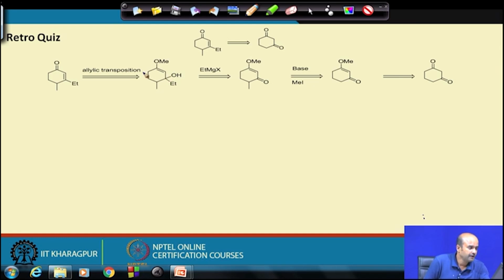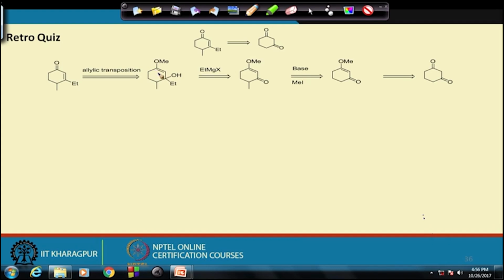Now, how it happens is that you have the O methoxy, you hydrolyze it, and this hydrolysis will basically give you the vinylic alcohol OH, which is prone to elimination of a water molecule, and then you have this double bond isomerization or double bond transposition, meaning the double bond has changed its original position to another position.